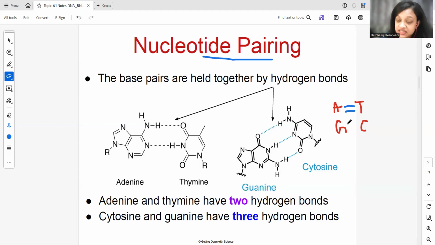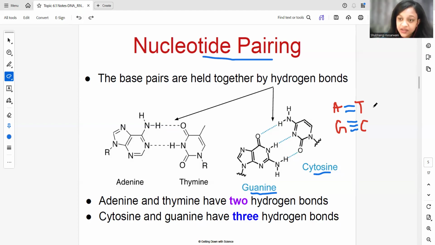And G always makes a bond with cytosine with three hydrogen bonds. See this image, G and C are joined together with one, two, three hydrogen bonds, right? And A and T are also joined, but as you can see, only two hydrogen bonds, right?